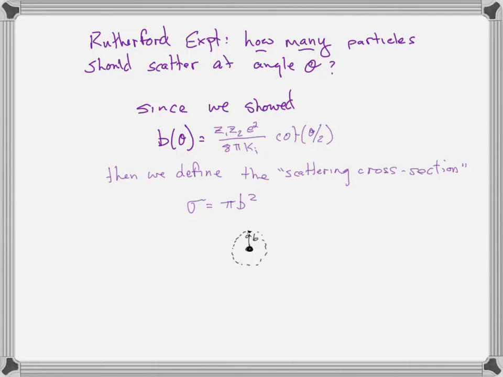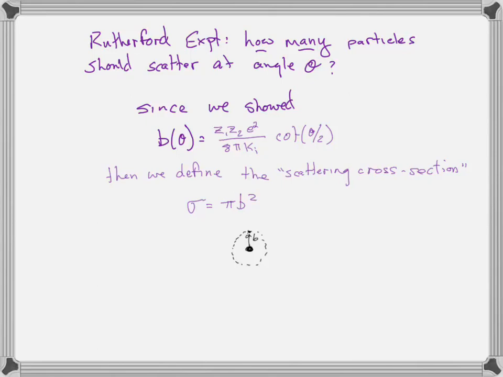Any alpha particle that falls in that area, within b of the scatterer, will scatter at an angle theta or greater.